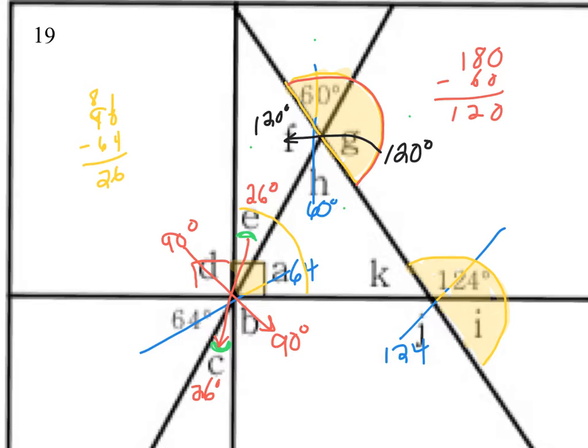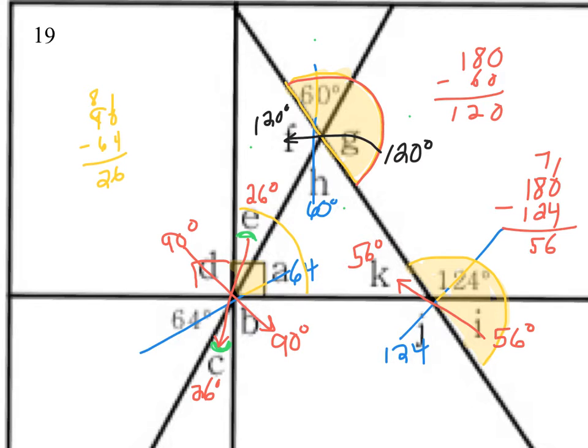So that means 180, subtract 124, is going to be 56. And 56 is directly across from K, so K would be 56.